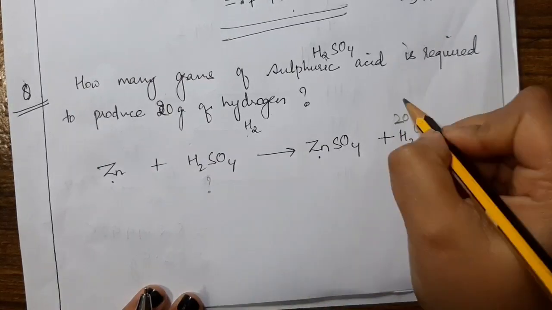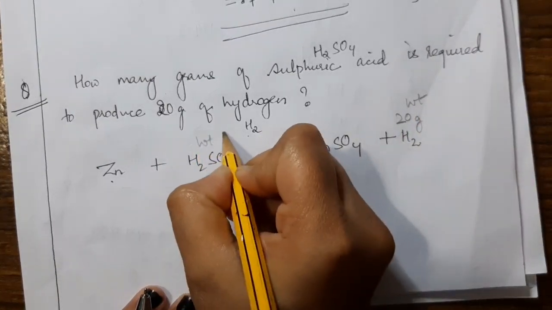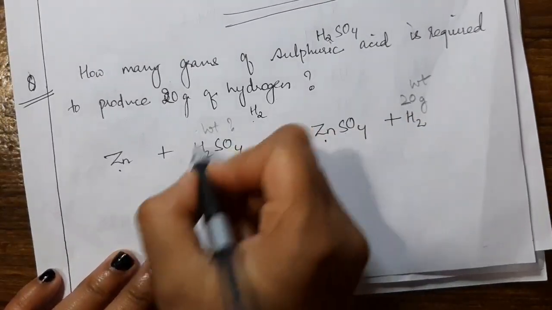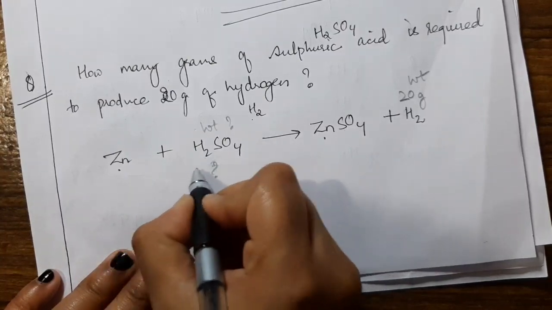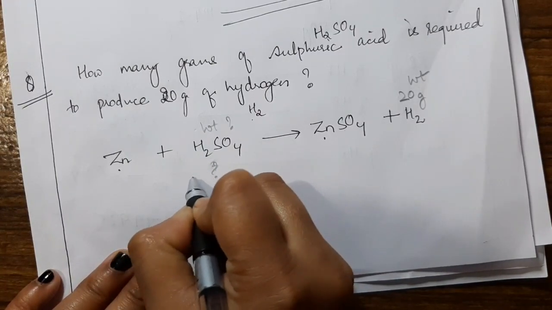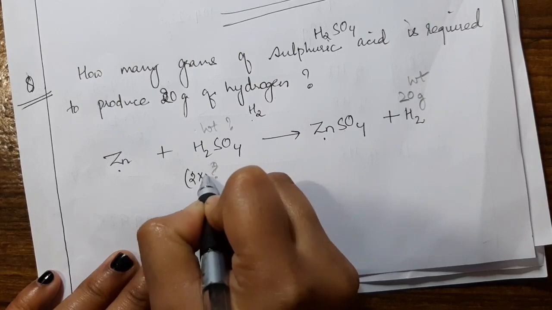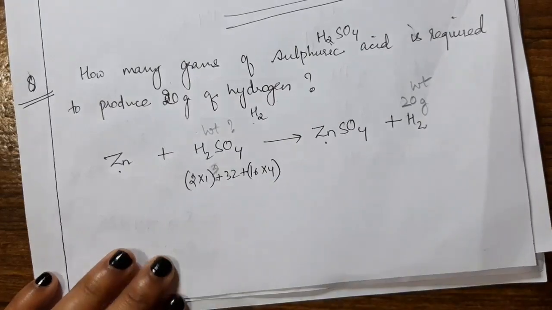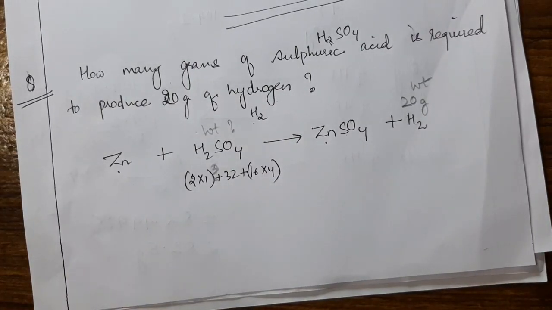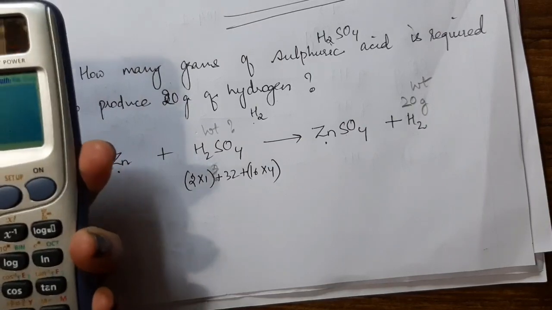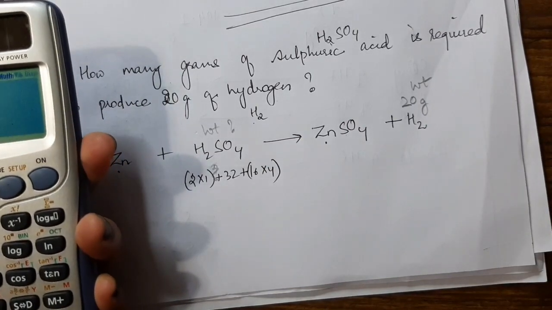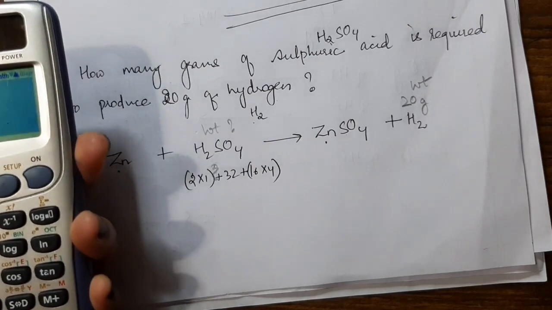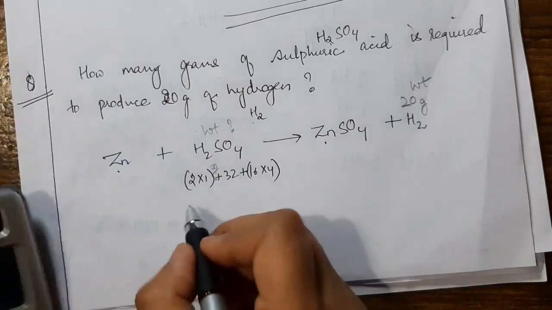This is 20 grams weight, and the weight of this one we have to find out. Okay, so from the equation, let's see the weight of H2SO4. It is 2 into 1 plus 32 plus 16 into 4, so we get 98.